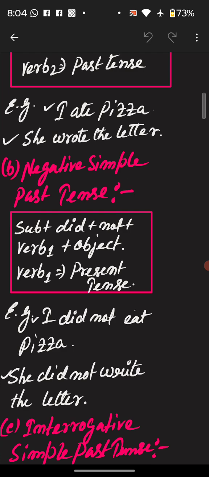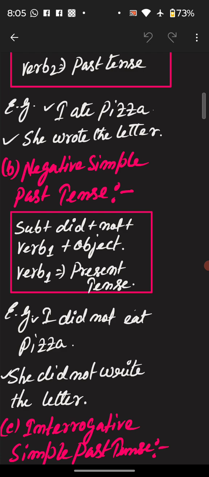Why is it so? It is because in this case do is also a verb and your main verb is also a verb. So if in any sentence you have more than one verb, one is the main verb, and another one is the auxiliary or helping verb that helps the main verb. In such a situation, generally the auxiliary or helping verb will change its tense.